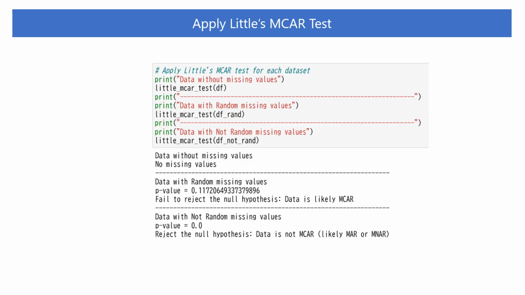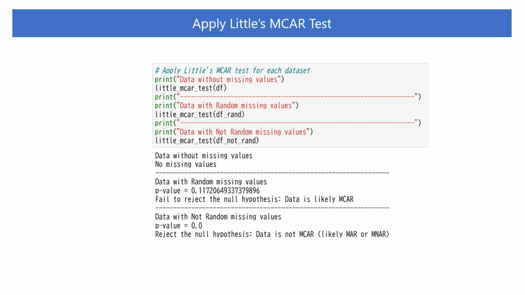The defined function is applied to the original data frame, df, the data frame with random missing data, df_rand, and the data frame with non-random missing data, df_not_rand. The output results show that there are no missing values in df. And for df_rand, the null hypothesis could not be rejected, which means that the missing data is MCAR.